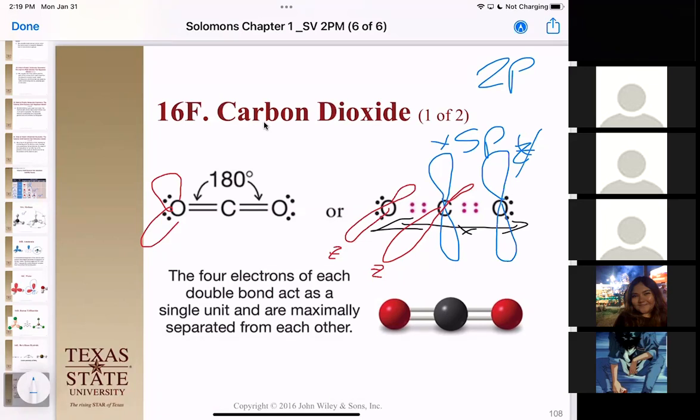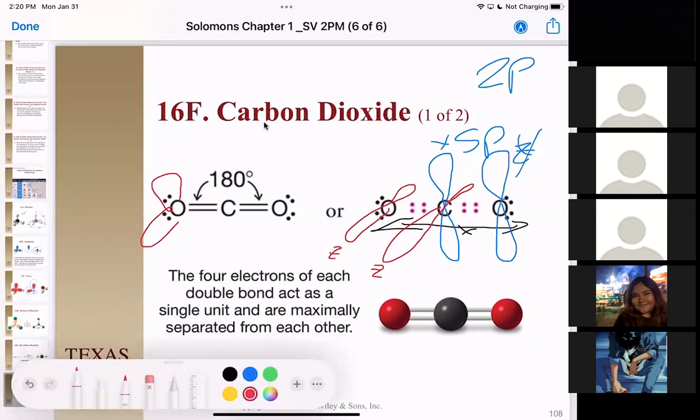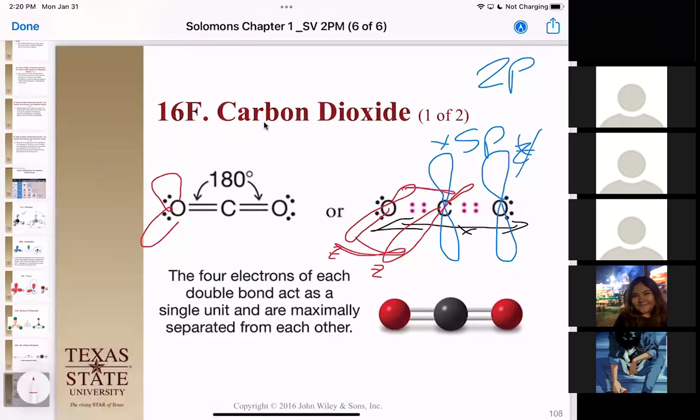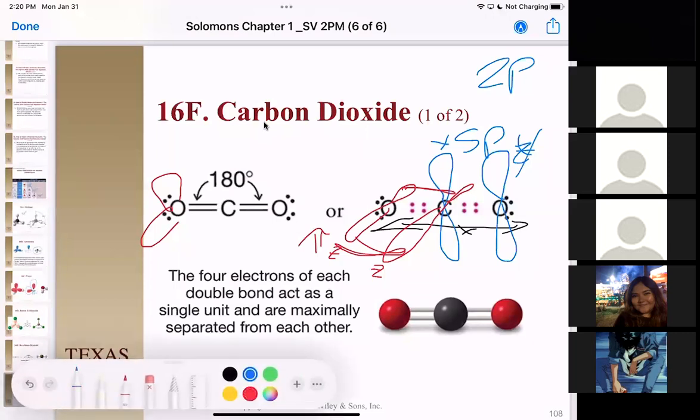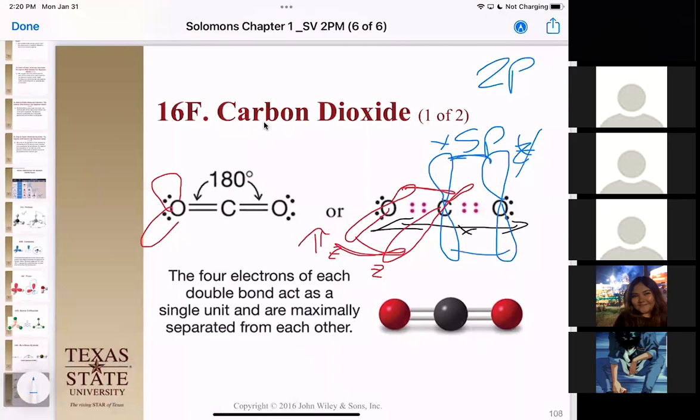What kind of orbitals do p orbitals make? Pi bonds are made by p orbitals. Unhybridized p orbitals make pi bonds. So what we're going to do is create a pi bond over here. A pi bond is always a p orbital that's unhybridized in this class. And this is going to pi bond here. So this is going to be a pi bond of the unhybridized p orbitals on the other side. Okay. This is a little different than acetylene.